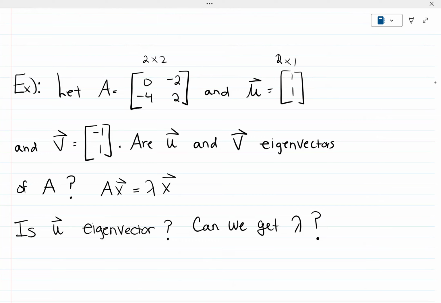Oh, sorry, this is not x, this should be u because we don't have x. So this is A times u equals lambda times the vector u, right? So is vector u an eigenvector? Can we get lambda?